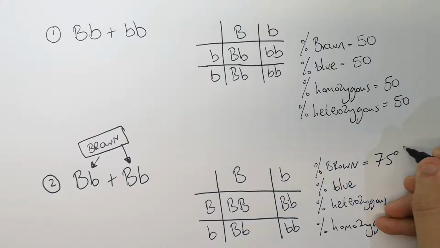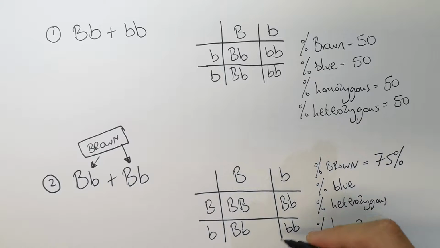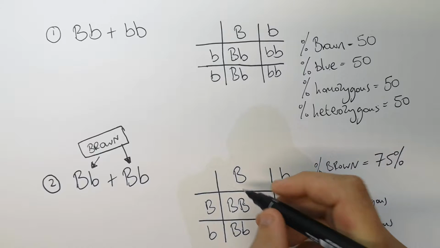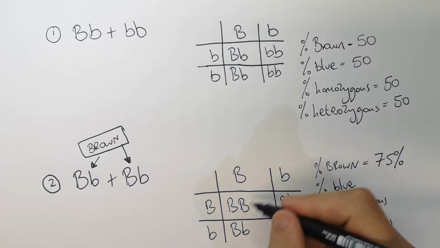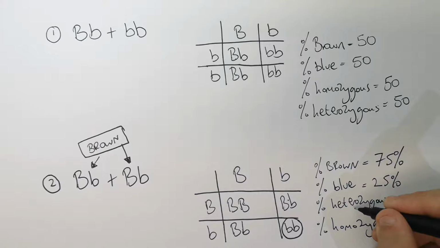So the percentage chance for brown eyes is going to be 75%. Now the chance for blue eyes, remember that for blue eyes it has to be 2 recessive alleles, little b, little b, because if the big B is present, in the other 3, that means that it will be brown eyes. So the percentage chance for blue eyes is 25%, a 1 in 4 chance that 2 brown-eyed parents will have a blue-eyed baby.